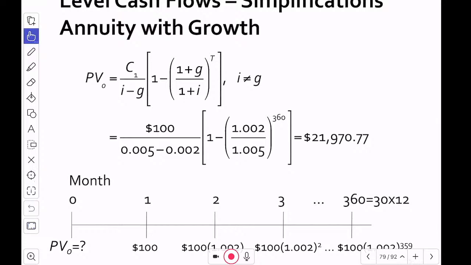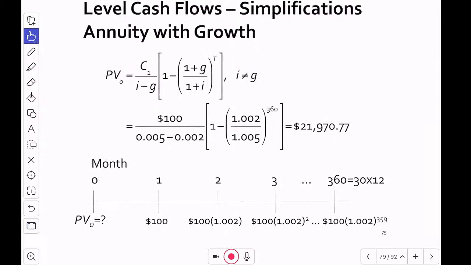So this is the formula. Now it's different than the formula you saw before for annuity because there's growth involved. There's this extra term here, and there's this going on here. And then this is also important to discuss. So this looks different than the regular annuity because it's an annuity with growth.